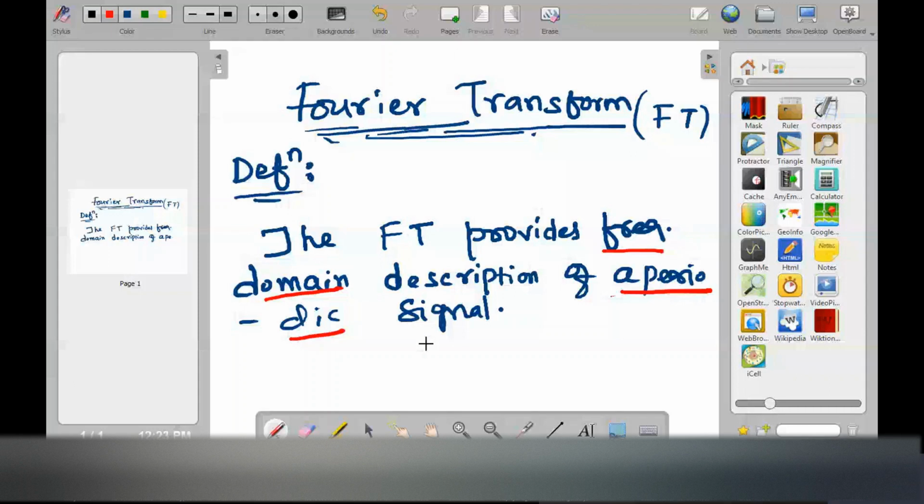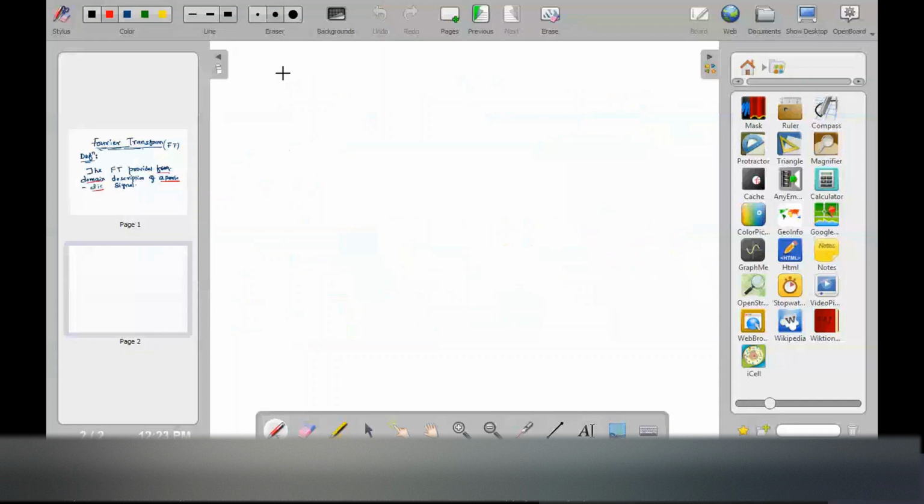The Fourier transform is the one which helps you to convert a time domain signal into a frequency domain signal of type aperiodic. Okay, so let me give the definition of what you are going to call the Fourier transform. Even though you might have studied it and solved some problems, I will also go through it once in brief. So let us take a signal called x of t.